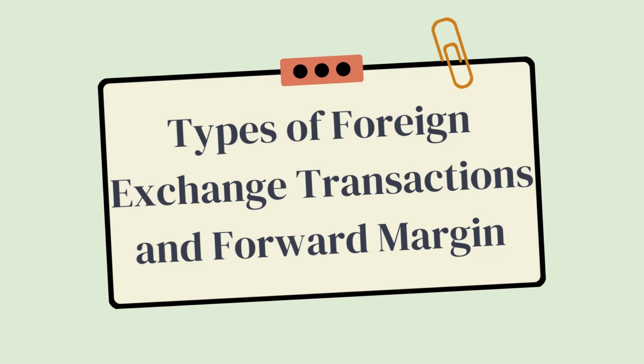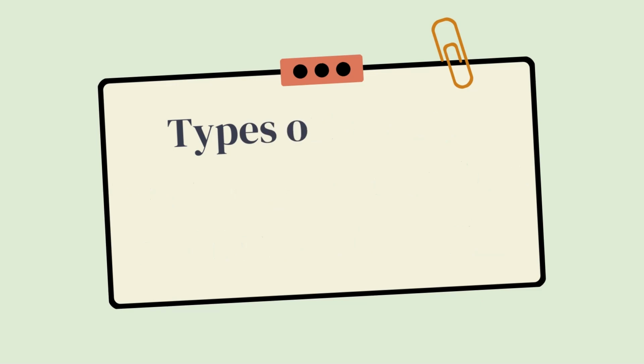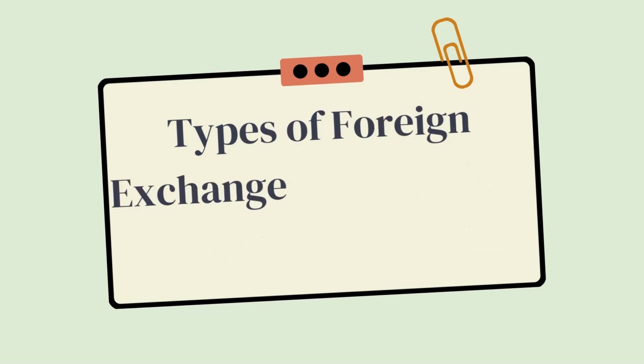So in a nutshell, the difference between the spot rate and forward rate is known as forward margin, and forward margin can be at premium or it can be at discount. If it has a discount, it is known as forward discount, and if it has a premium, it is known as forward premium.